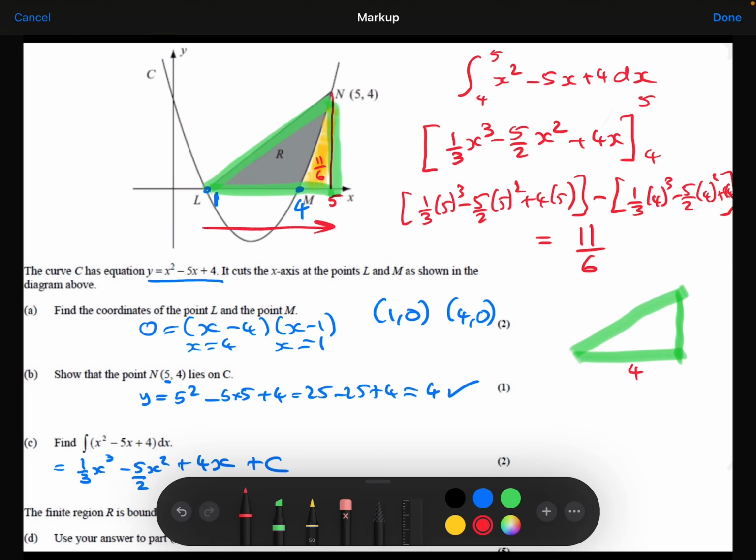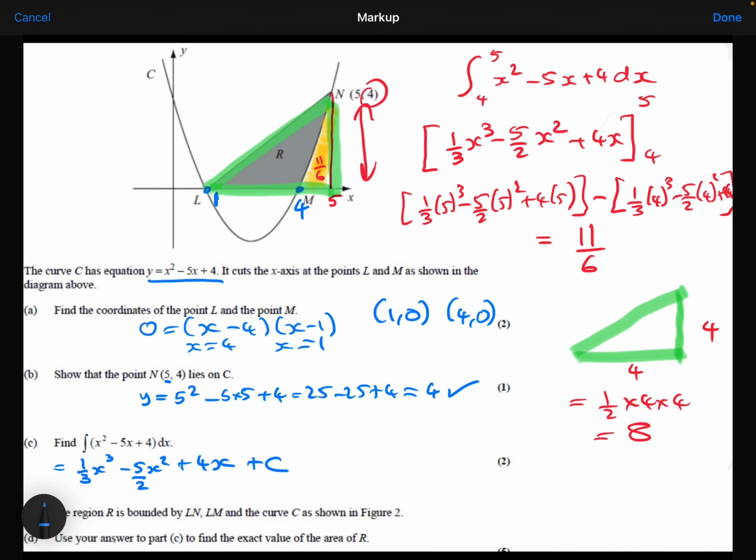This length here is 4. The height of the triangle is also 4 because it's the y-coordinate of point N. Therefore, the area is half times base times height, which is 8.